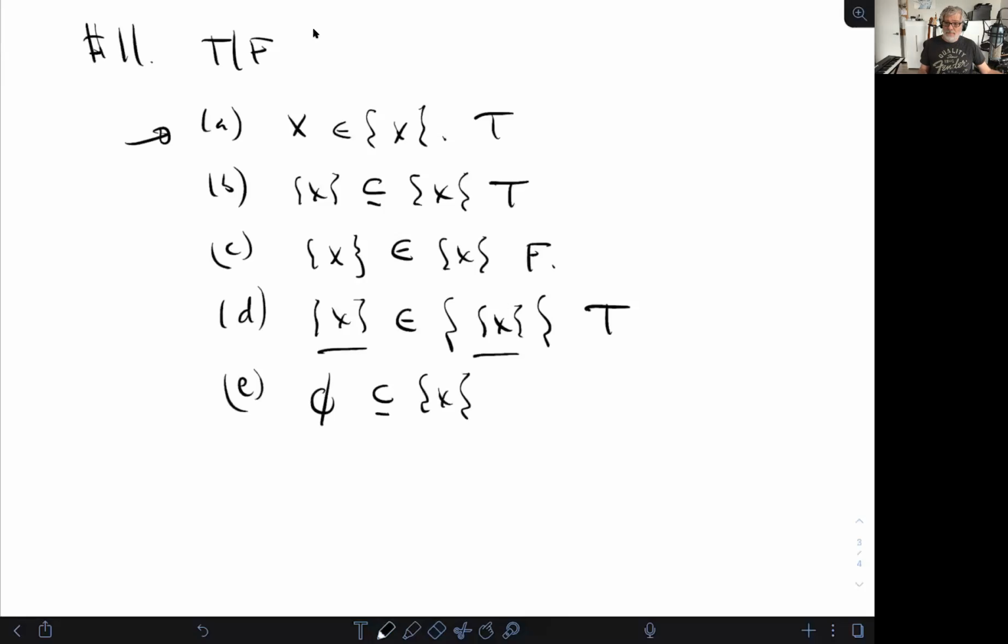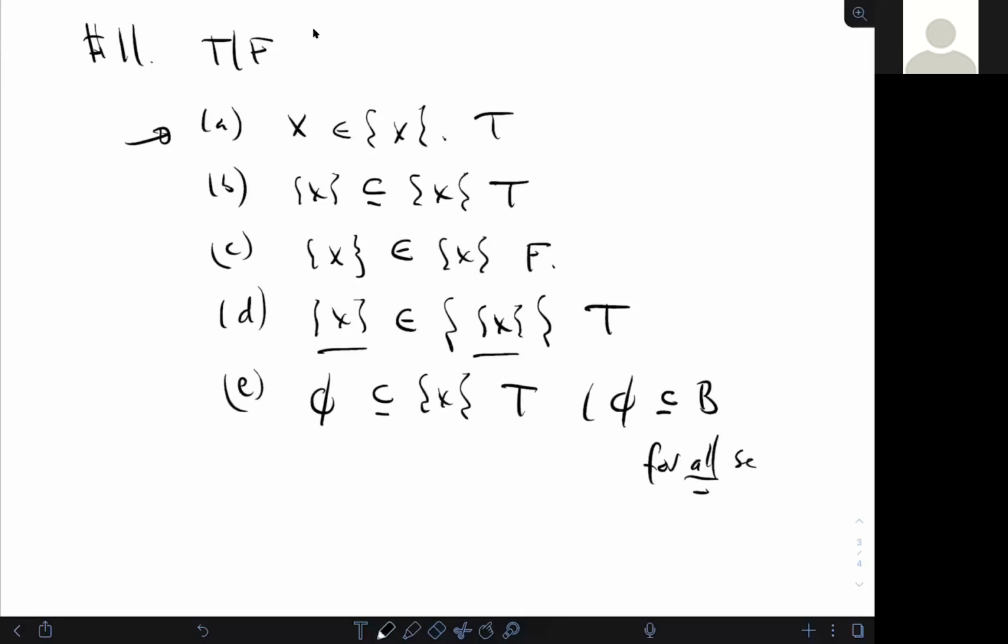Yes, the empty set is a subset of every set. So empty set is a subset of B for all sets B. Can we say that in this case the empty set is also a proper subset? Yes, absolutely. The empty set is a proper subset of any set except the empty set. So this is the only one.